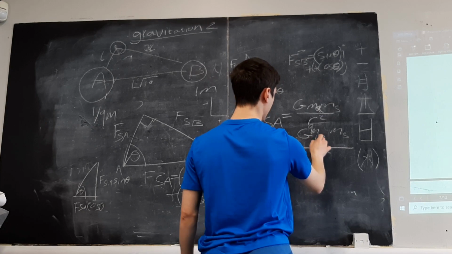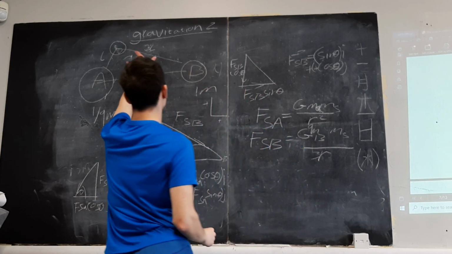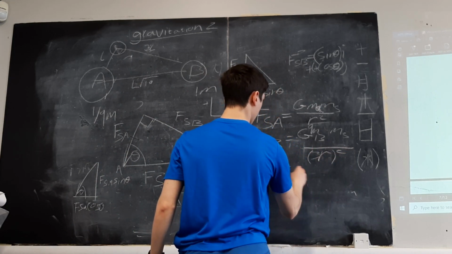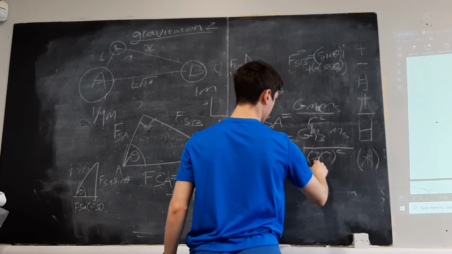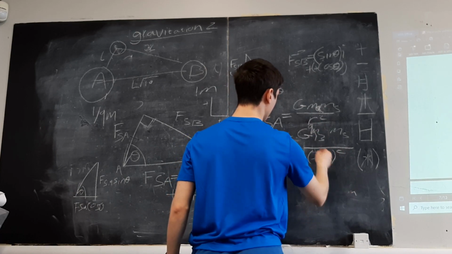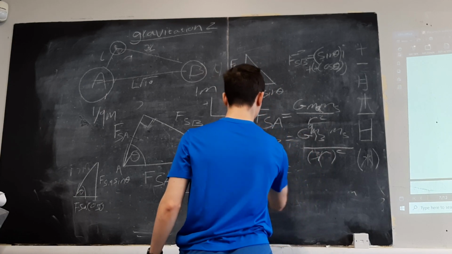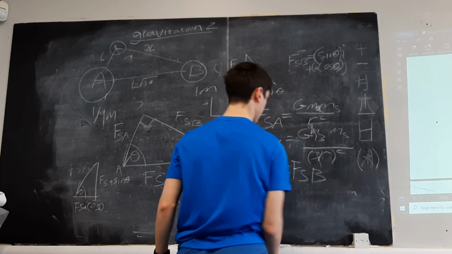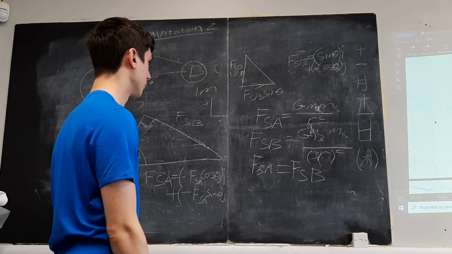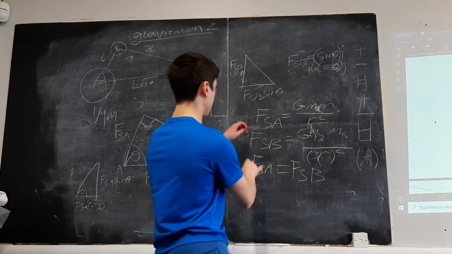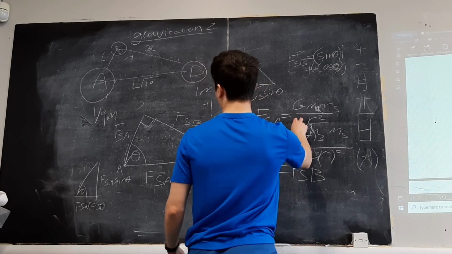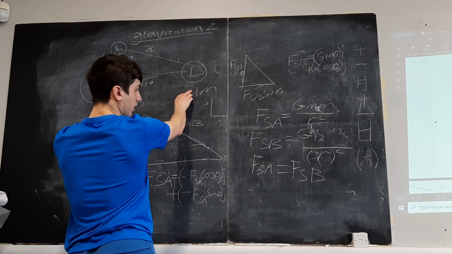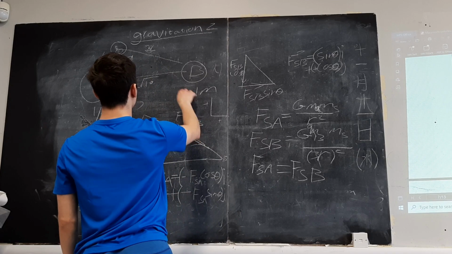So it's 9 n over 3r, because it's 3 times longer, all squared. And guess what? Because of this it cancels, and that gets the square root of 9r squared. So F S A equals F S B. This is 9 times more massive, but 3 times further away.